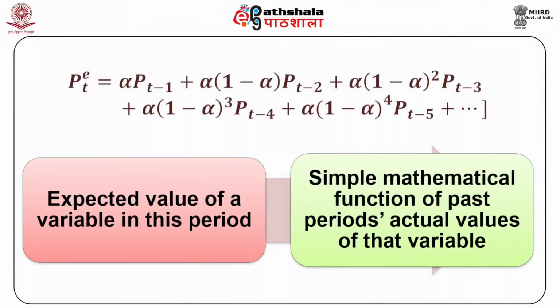Pt^e = alpha Pt-1 + alpha(1 - alpha) Pt-2 + alpha(1 - alpha)^2 Pt-3 + alpha(1 - alpha)^3 Pt-4 + alpha(1 - alpha)^4 Pt-5 and so on.